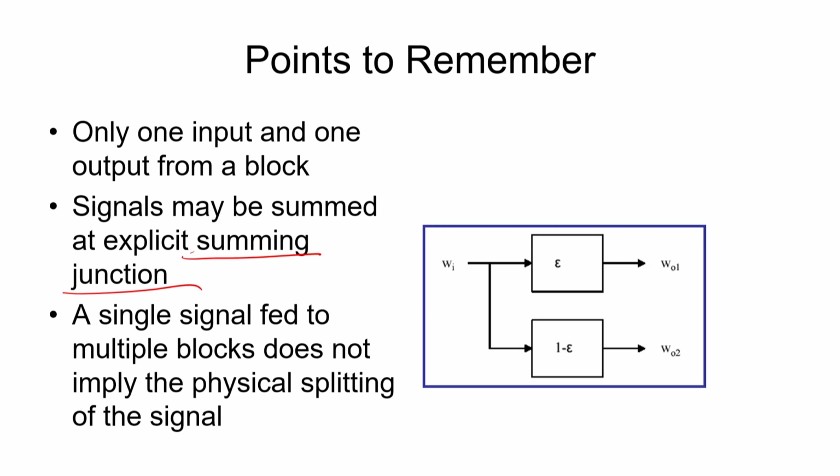It is just the same signal; here also the input is Wi, and here also the input is Wi. The input splitting does not mean you are taking part of an input. It is just that the same input is affecting both the transfer functions, epsilon and 1 minus epsilon. That is a point we have to keep in mind.